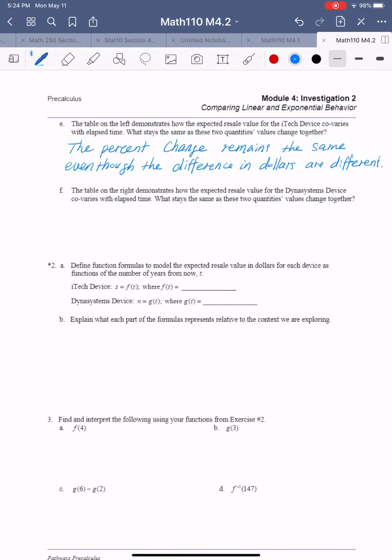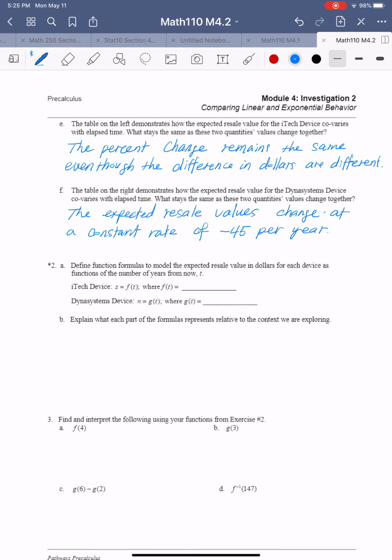This time is the expected resale value changes at a constant rate, which was $45 per year.